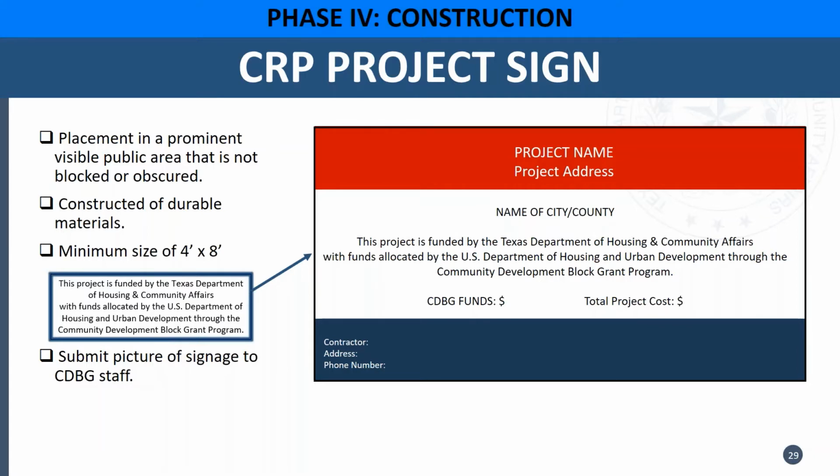You can use that text or a similar one. The sign must be 4 by 8, that's 4 feet by 8 feet. And please make sure to send us a picture of that signage just to make sure that we know what you're posting and that everything meets the required specifications. Next slide.